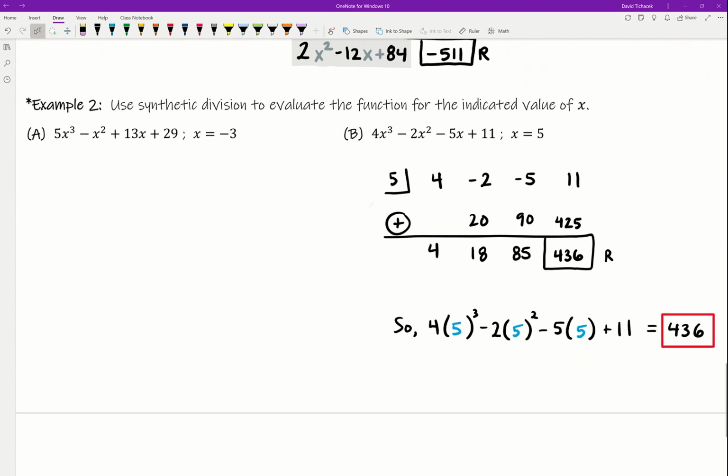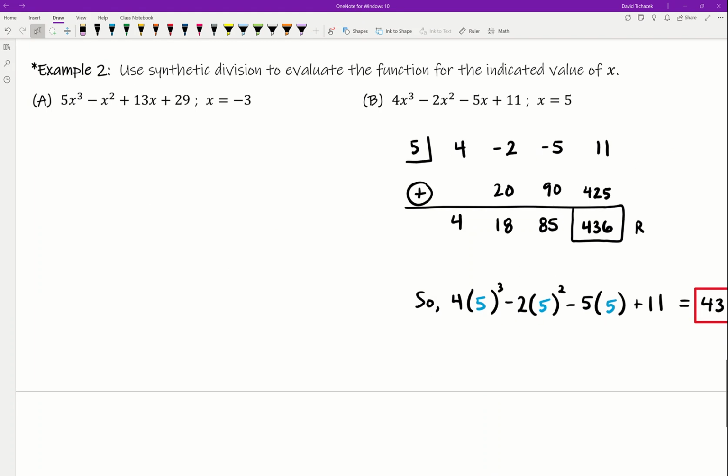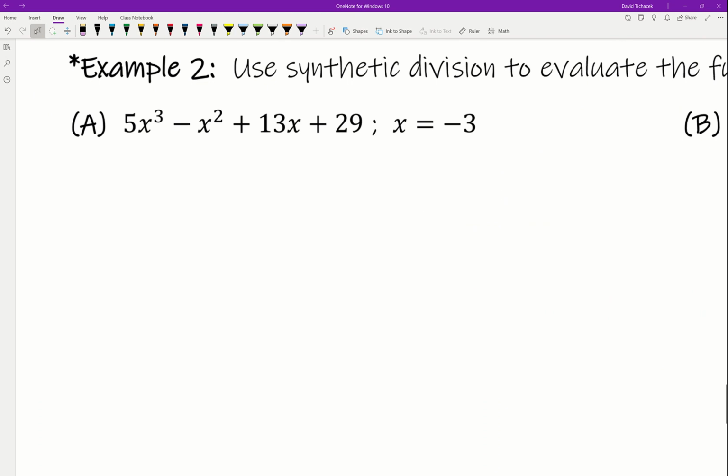Now, one of the neater things that we're going to be able to do with synthetic division is use it to evaluate expressions, right? So when you evaluate an expression, in the past, what you would be doing is taking the number that you were given and plugging it in everywhere that you saw an x. Okay, and that wouldn't be too hard for us to do because we have calculators, but you got to keep in mind that not everybody had calculators in the past, right?